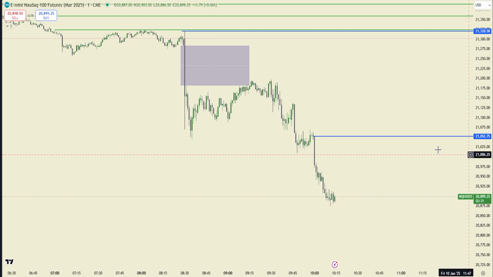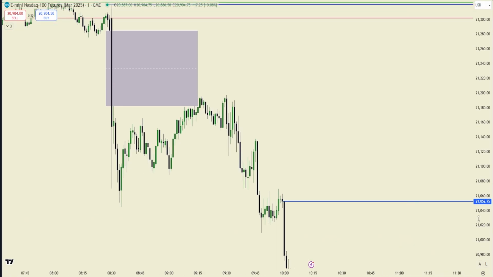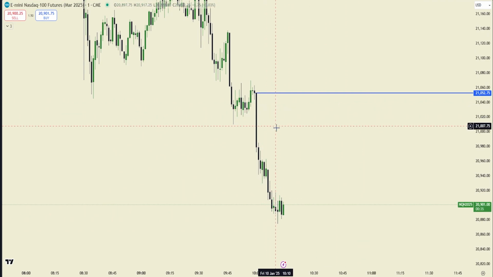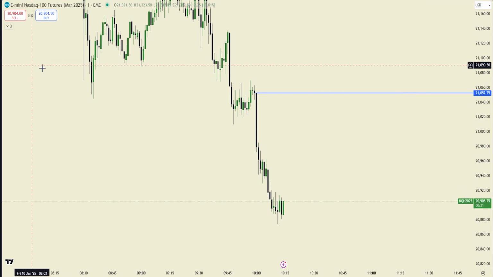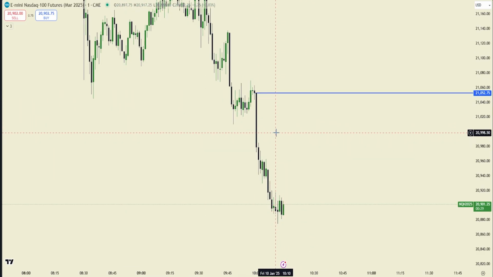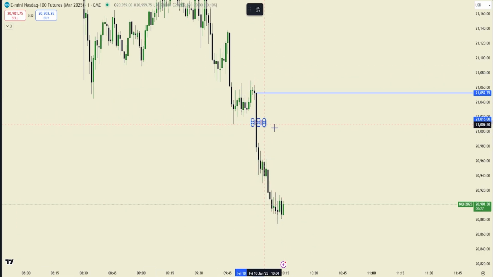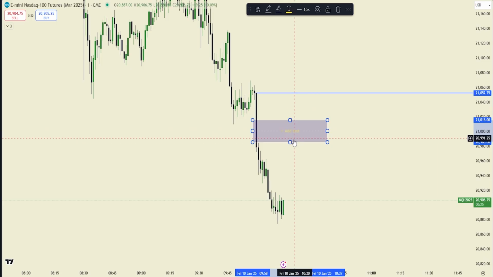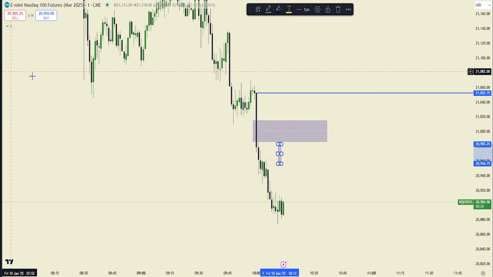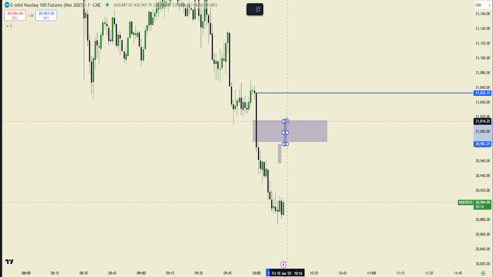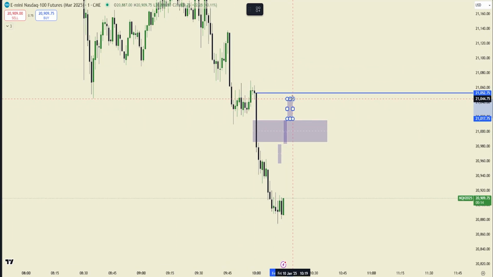Yeah, exactly, Taz. So what I'd like to see is, let's say we get this inverse here, this gap that's like 60 points, right? Then what I'd like to see is a gap creation, almost like a BPR, right? So we have this gap to the left here, the SIBI, and then let's say we see price trade up here, 1 candle, 2 candle, 3 candle, inversing the fair value gap, right?